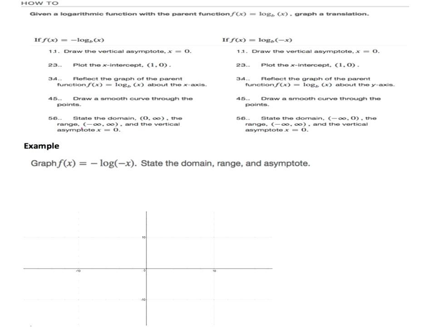Okay. So this is a common log, because I do not have a log base written, so I assume that it is log base 10. So my parent is just the log of x, which we've already looked at, this x, y table.